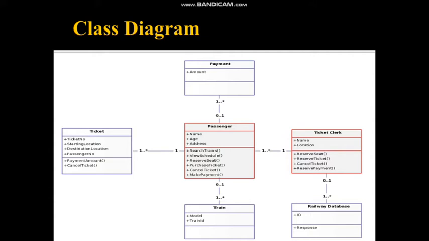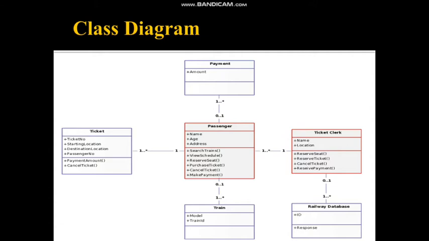There is a 0 or 1 to one or many relationship between passenger and payment, and a one or more to exactly one relationship between passenger and ticket clerk. There is a 0 or 1 to one or more relationship between ticket clerk and railway database, a 0 or 1 to one or more relationship between passenger and train, and a one or more relationship between passenger and ticket.